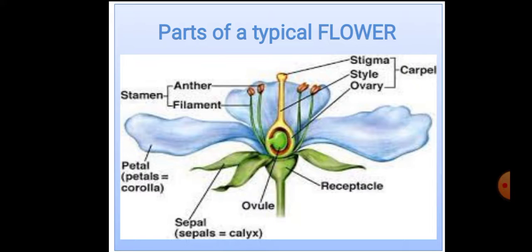Do you understand? Carpel is the female reproductive organ of a flower. So now we come across these two things: stamens are nothing but androecium and carpel is nothing but gynoecium.